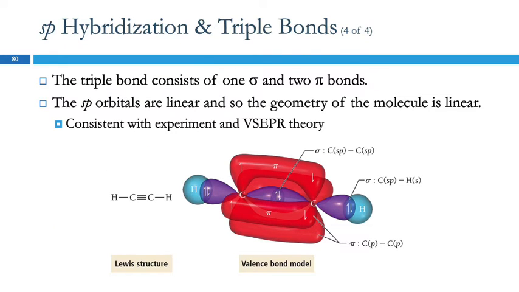You thought the other one was bad. This is a triple bond. So here are sp hybrid orbitals in opposite directions. One of them is overlapping end to end with the hydrogen. The other is overlapping end to end with a hybrid orbital from the other carbon. So that's a sigma bond, C sp, C sp. And these on the ends are sigma, C sp, H s.